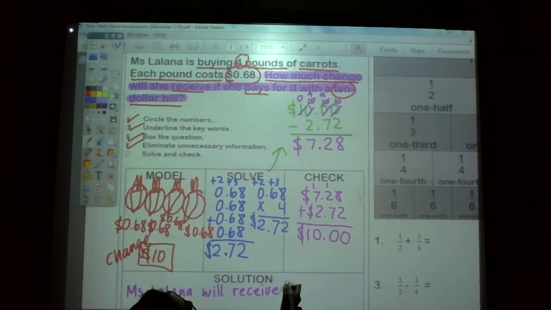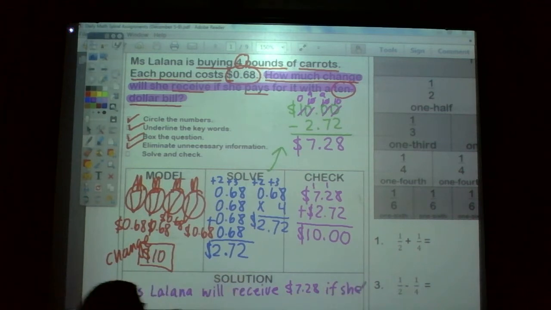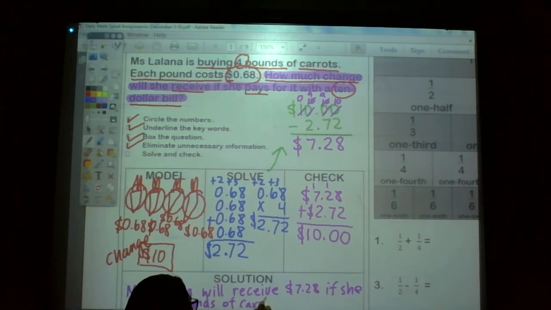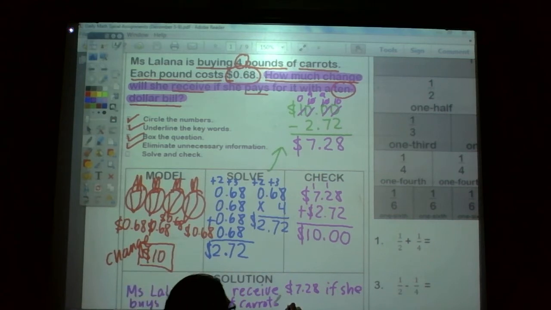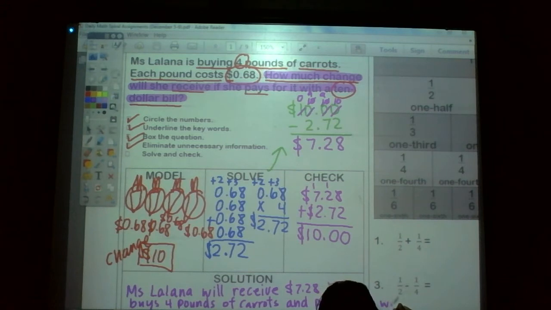Not $10, $7.28 if she buys what? 4 pounds of carrots and pays for it with a what? $10 bill. Oh, I hope you have room with a $10 bill.